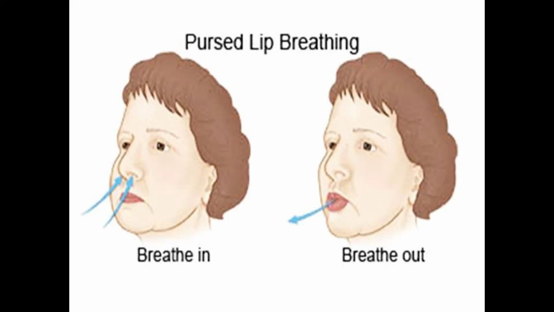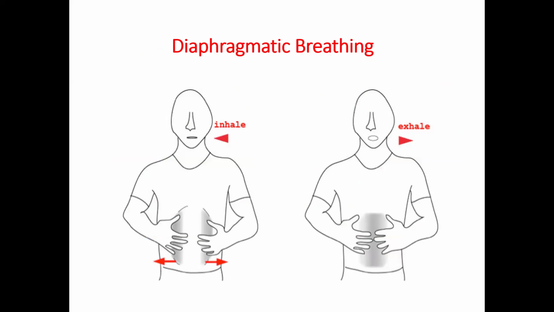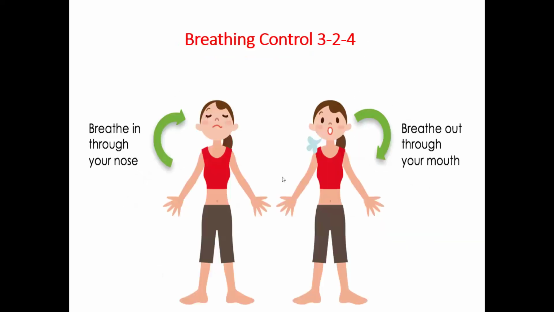It creates something like CPAP for these patients, and this helps with their breathing. Diaphragmatic breathing is to ask the patient to put their hands on their abdomen and try to inflate their abdomen as they breathe. This will help with their breathing and anxiety at the same time.